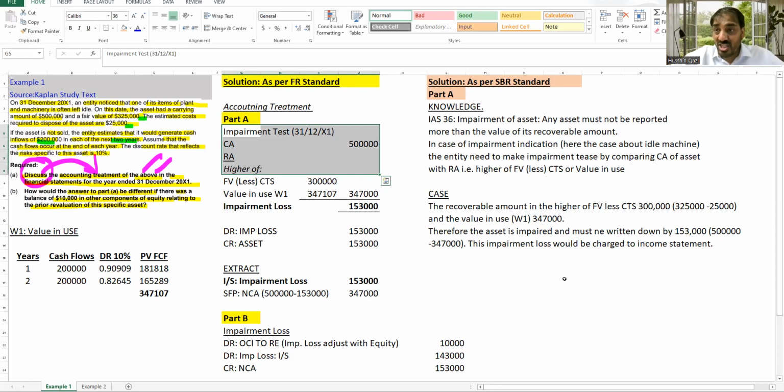Mark my word, even if you are studying the F7 standards in the SBR, that's part of the syllabus, or the advanced standards, IFRS 9, IFRS 2, IAS 19, group accounts, complex issues.